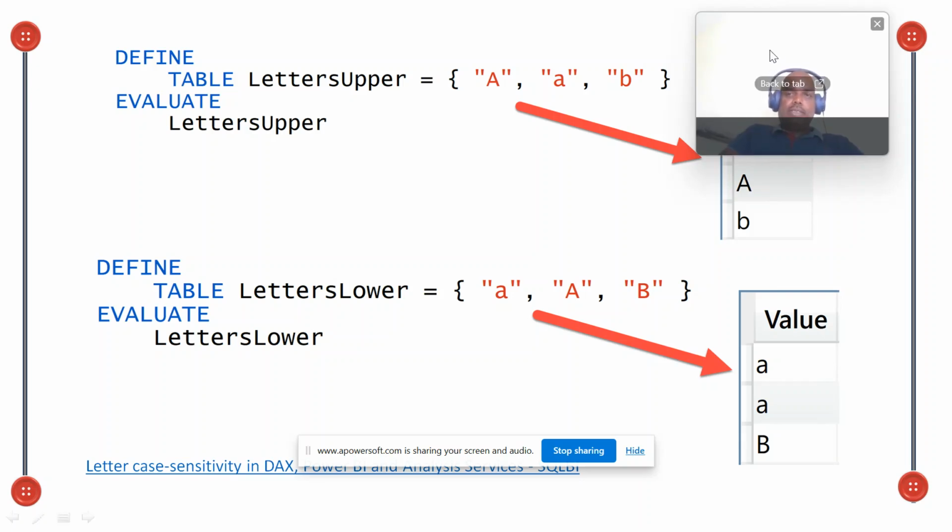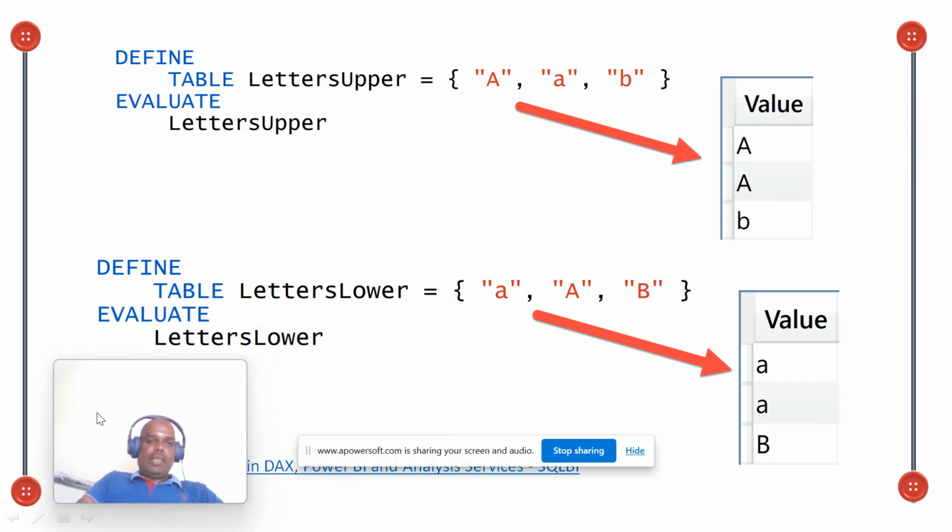If you have an entry like this, let's say capital A, small a, and B. If you want to convert to uppercase, the first one, the A, is already uppercase. There is no problem. It will convert to uppercase. The second one is small a, which needs to be converted into uppercase.